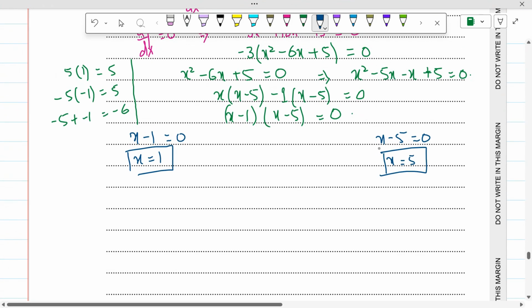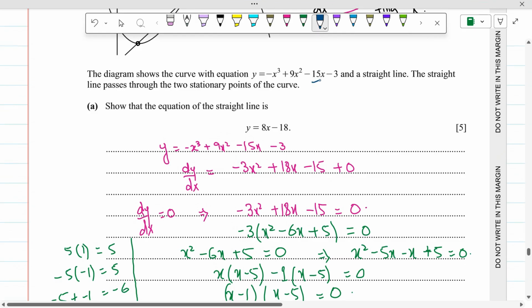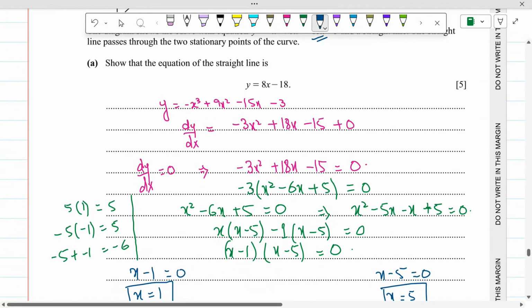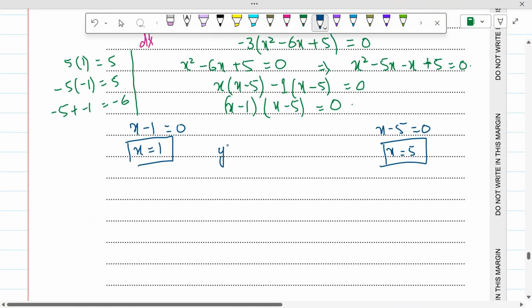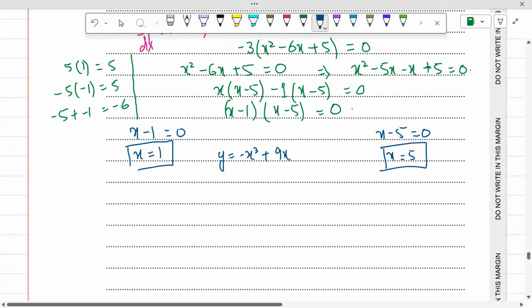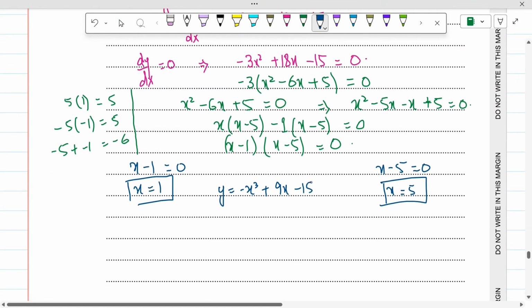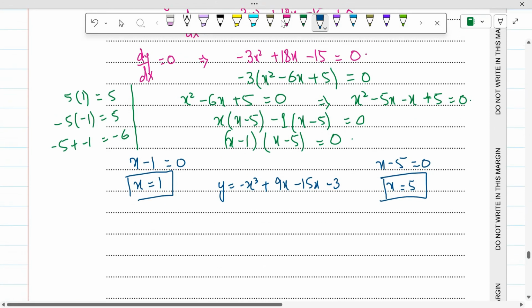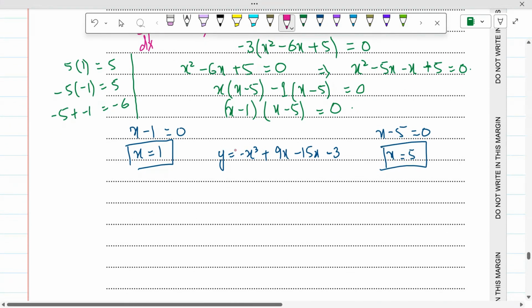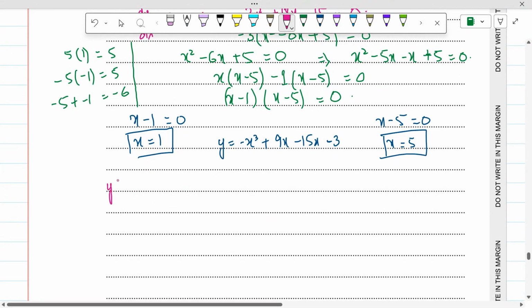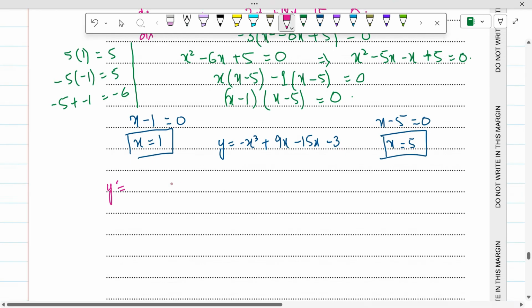Plug these x coordinates of the stationary points into the equation of the curve to find the y coordinates. So the curve equation is y is equal to negative x cubed plus 9x squared minus 15x minus 3. Now when we plug in x is equal to 1, we will have y is equal to negative 1 cubed plus 9 times 1 minus 15 times 1 minus 3.